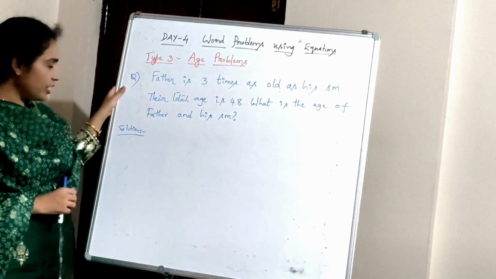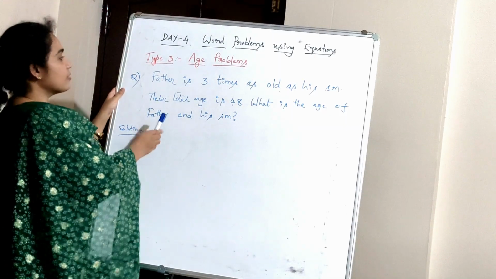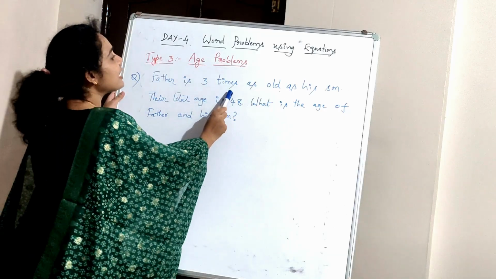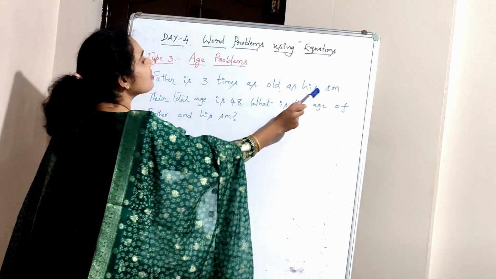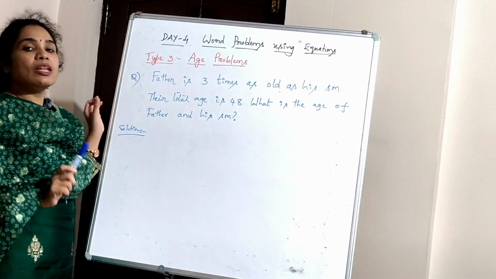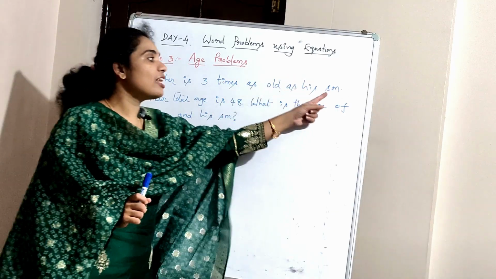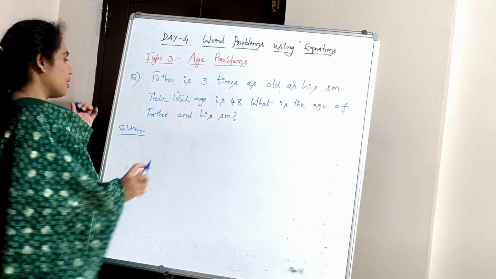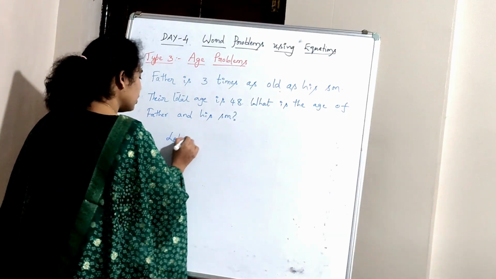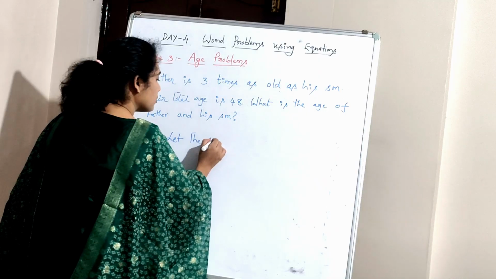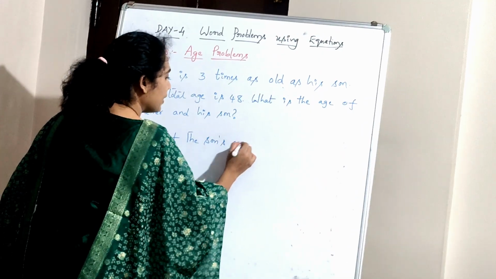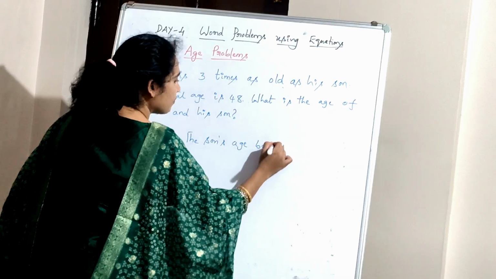So look at the question very carefully. Father is 3 times as old as his son. So let us consider the son's age to be x. Okay, so let the son's age be x.